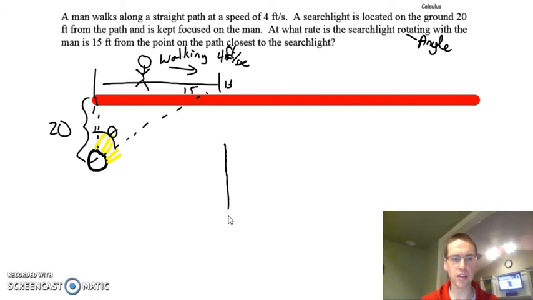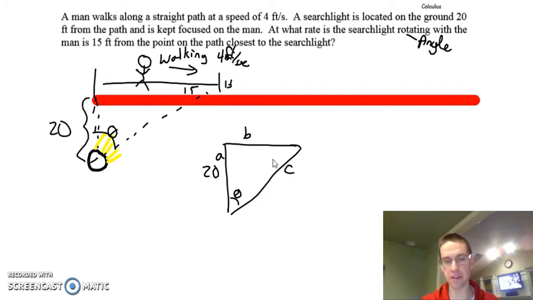So I'm going to draw another triangle just so we have it here. We know this is 20 and we know this is theta. Let's talk about givens. I'm just going to label this A, B, C. We know that dB over dt equals 4.